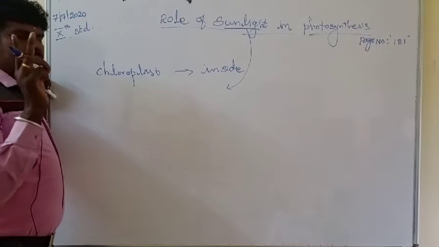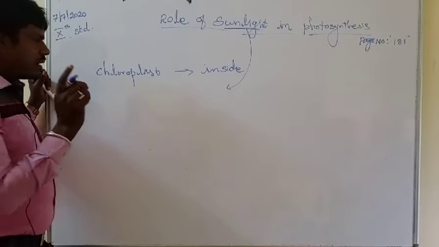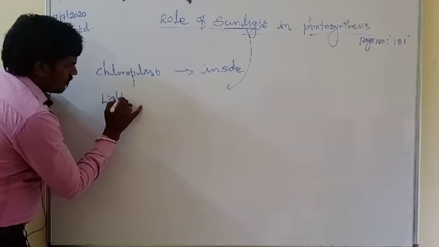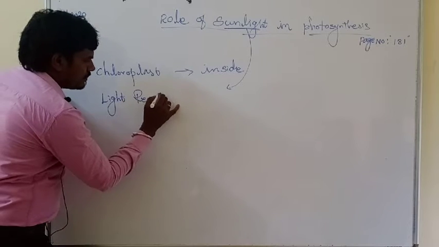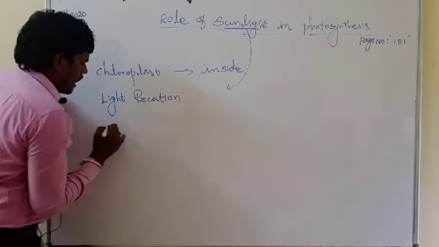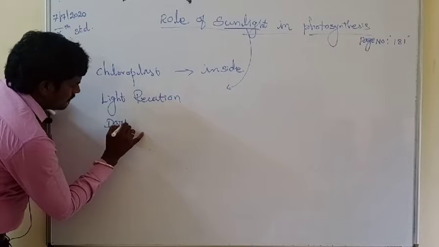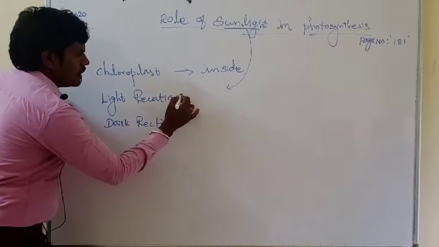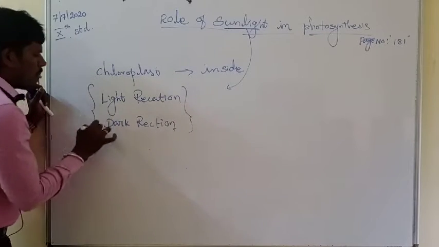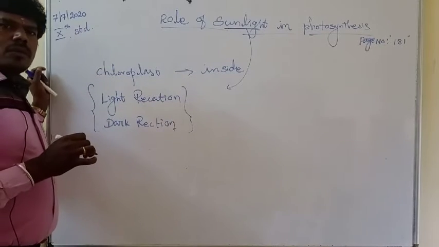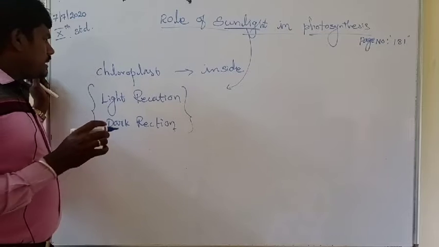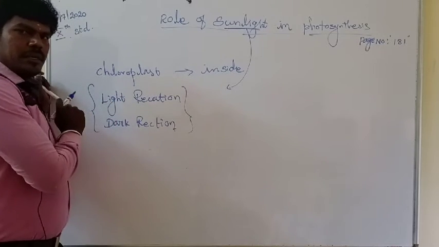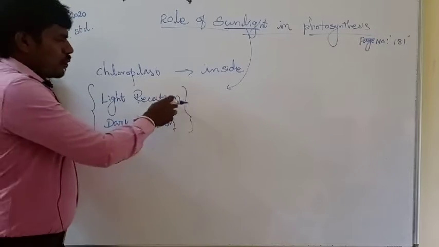So the two reactions that take place in the chloroplast are the light reaction and the dark reaction. Now I will explain one by one.